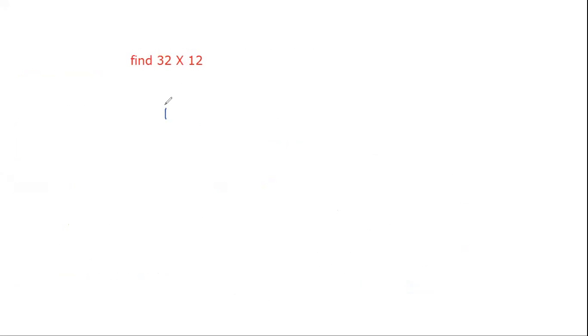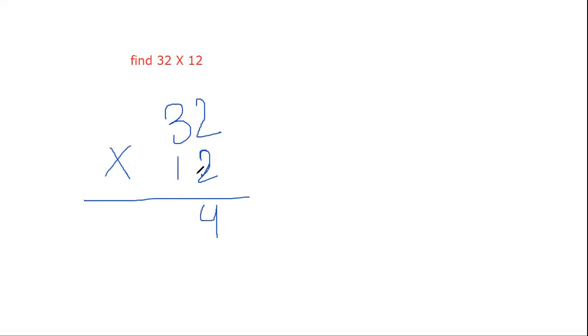Okay, so how to do that? At first, write them above each other. So this is 32 times 12. Now do multiplication. How to do that? Just digit by digit. So 2 times 2 is 4. 2 times 3 is 6. Then we add a 0 because we need to multiply the 1.